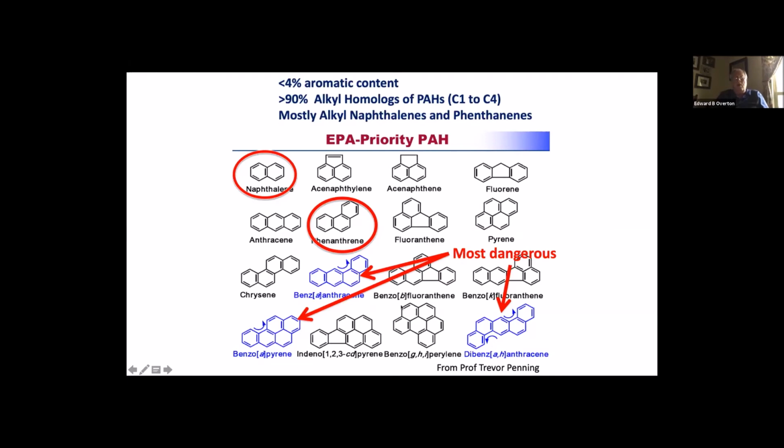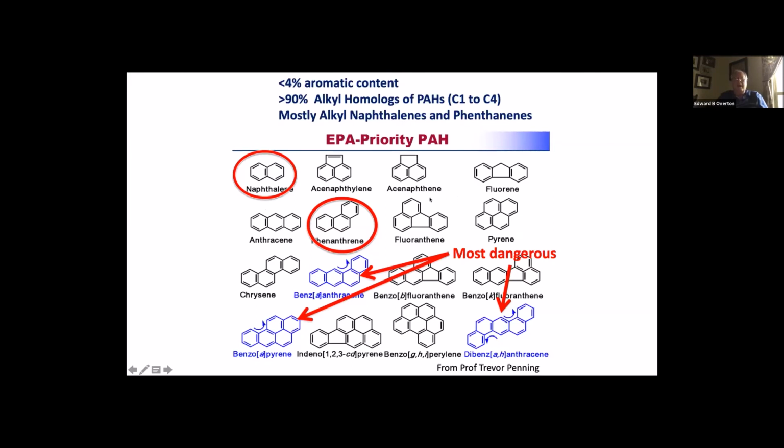Good news about oil is that generally the concentration of these large carcinogenic PAH compounds is fairly low, and we have a lot higher concentrations of the smaller PAHs like naphthalene. Here is phenanthrene. We have acenaphthene, fluorene, and a variety of others.